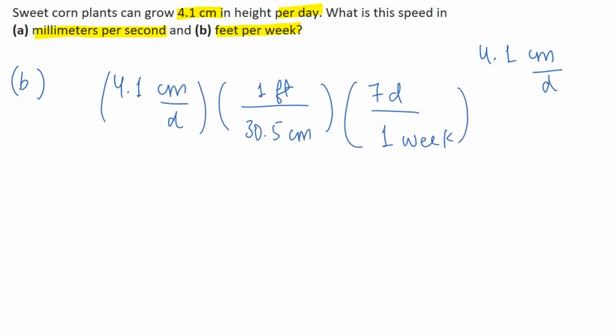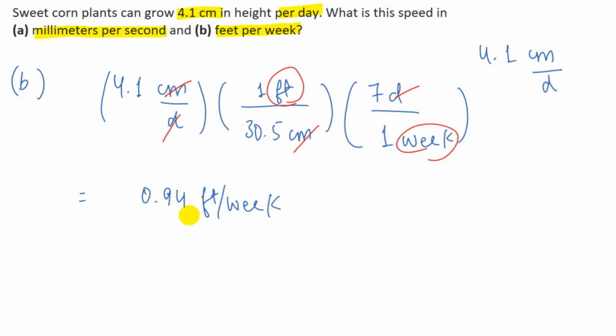So we have converted the units. Day and day will cancel, centimeter and centimeter will cancel, and we are left with feet per week. So that would be equal to 0.94 feet per week. So in 1 week the plant grows 0.94 feet. This is the answer for the B part.